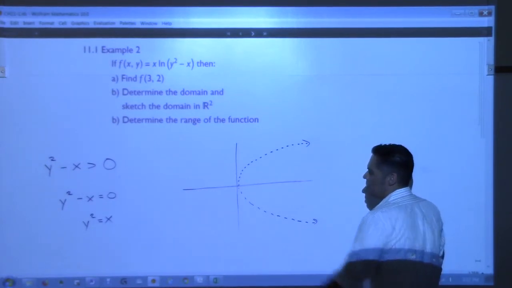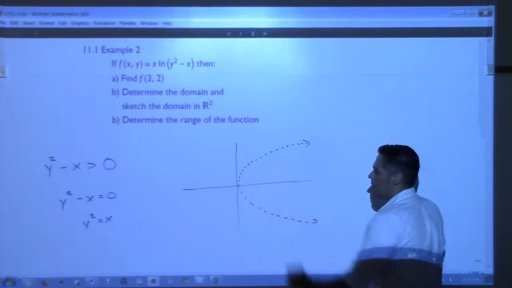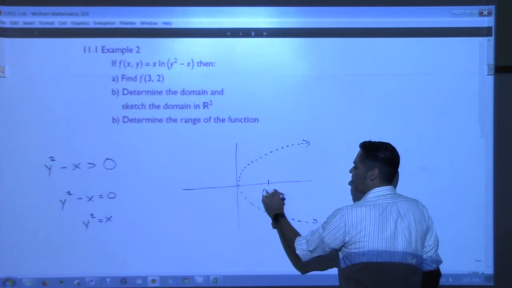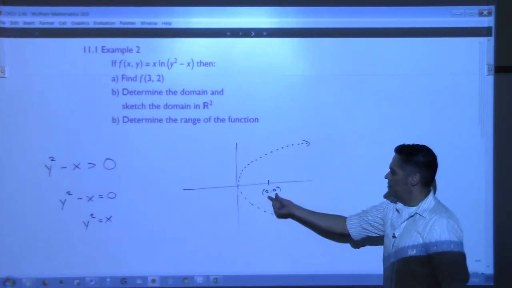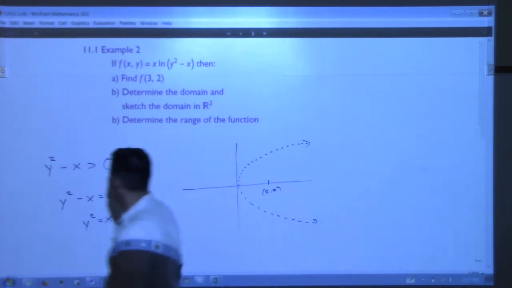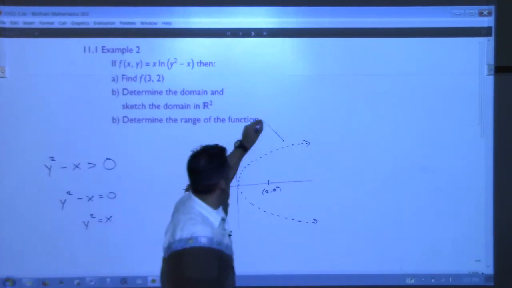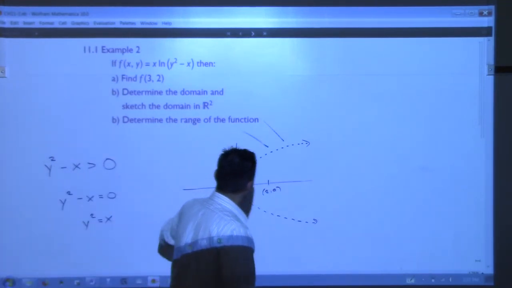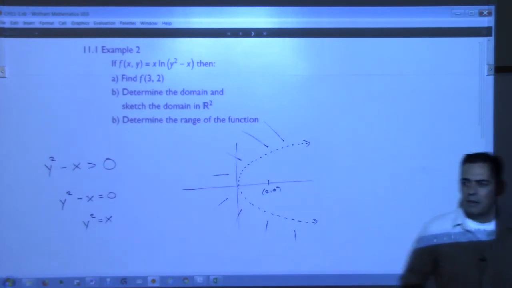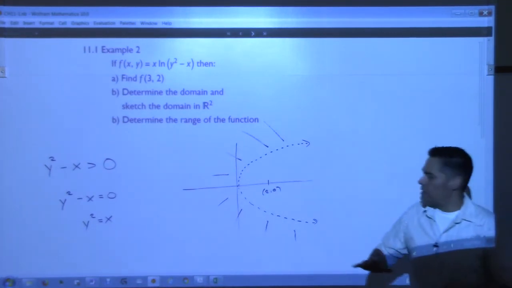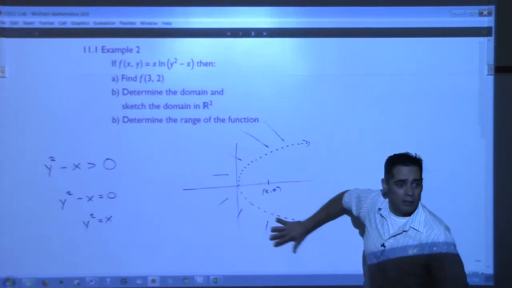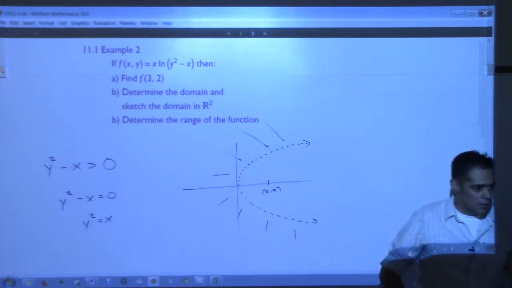I can't pick 0, 0 because that's right on the parabola. How about 2, 0? Does it work? 2 for x, 0 for y. No, it does not work. Which means that we are like this. So when I graph it, there should only be a picture above here.